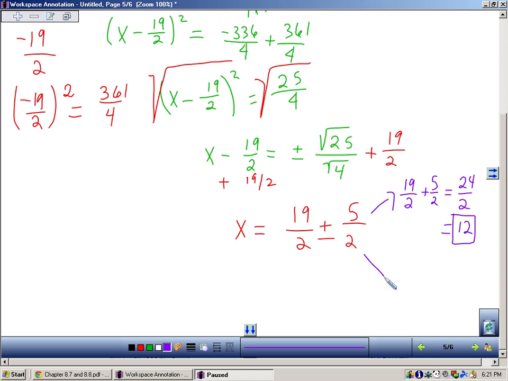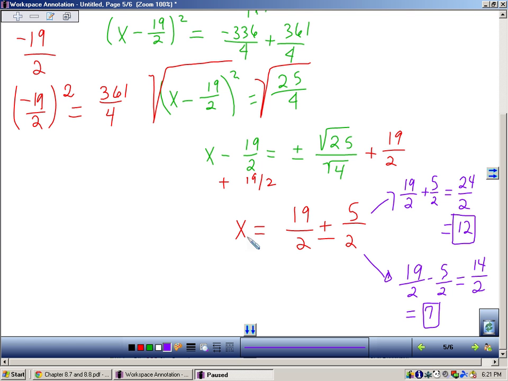Okay. See what happens here. Now we have 19 over 2 minus 5 over 2, and that becomes 14 over 2, and 14 over 2 is just 7. And so lots of work just to figure that out.